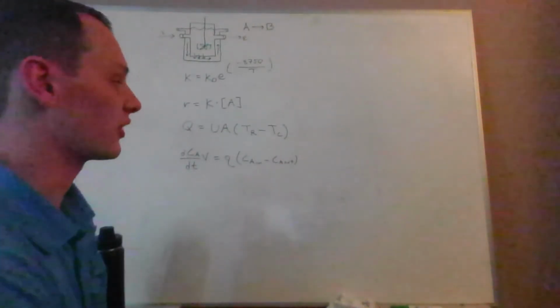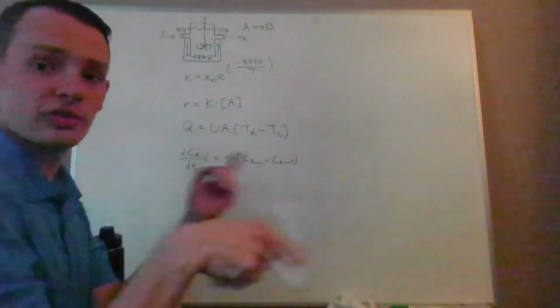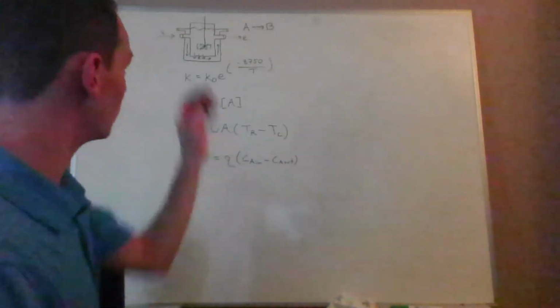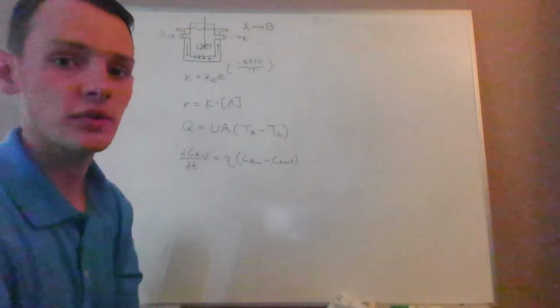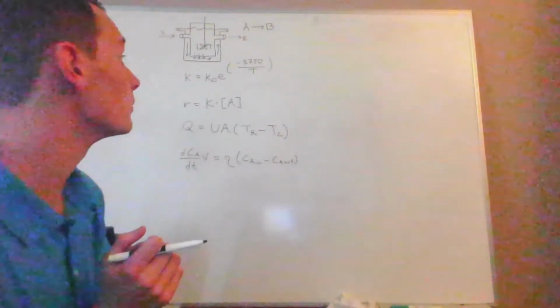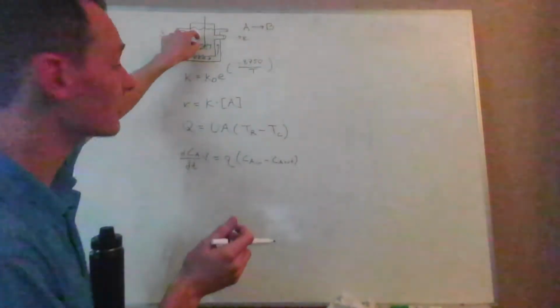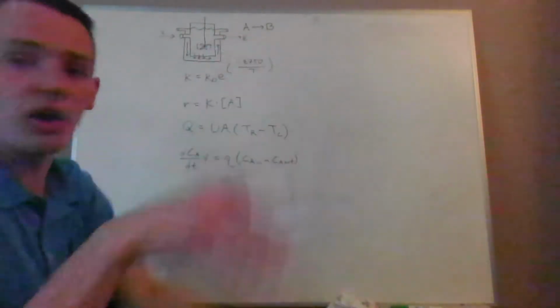An important comment about the concentration of A going out. We have our agitator in here, spinning around. What that means is that when we have a continuously stirred tank reactor, or anything that is, quote, well stirred, as you'll see in a lot of these problems, the concentration of A in our reactor is going to be the same concentration that's coming out because it's all stirred around.